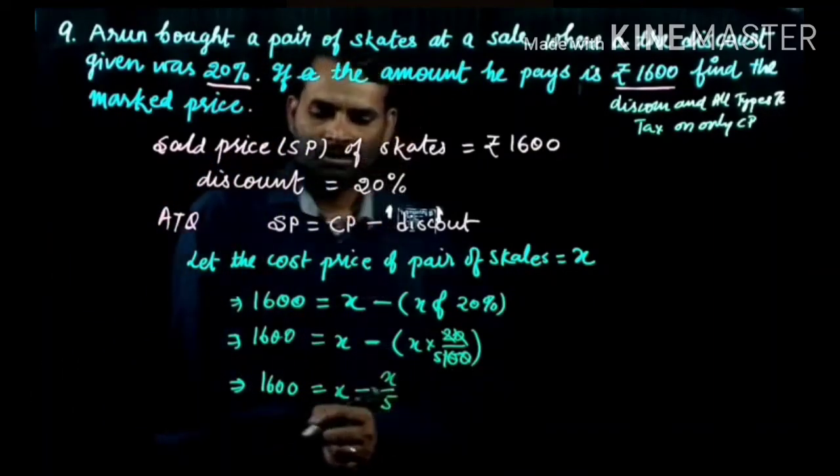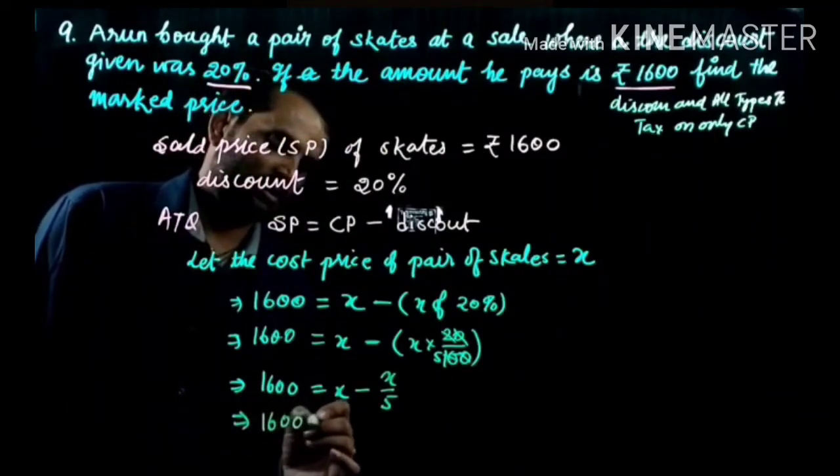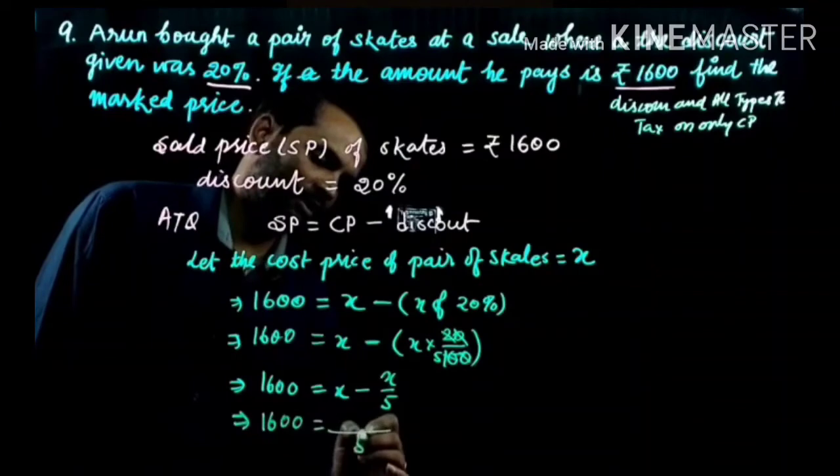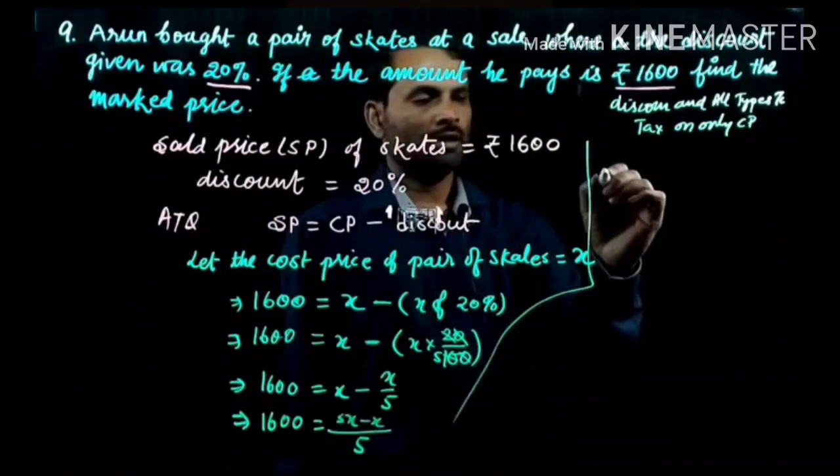Then 1600 is equal to, after LCM which is 5, 5x minus x.